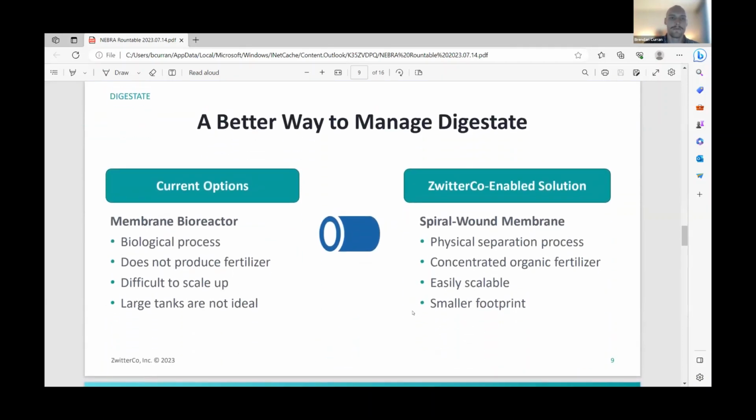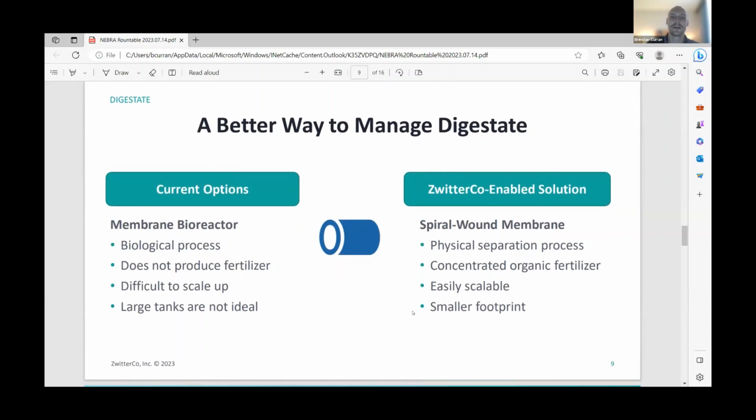This is a more typical case. When people have to treat digestate, a lot of times they're thinking of biological solutions, like an NEDR, which is especially common in Europe right now, and it's becoming common in the US with new digestate projects, a lot of food waste digestate projects especially.